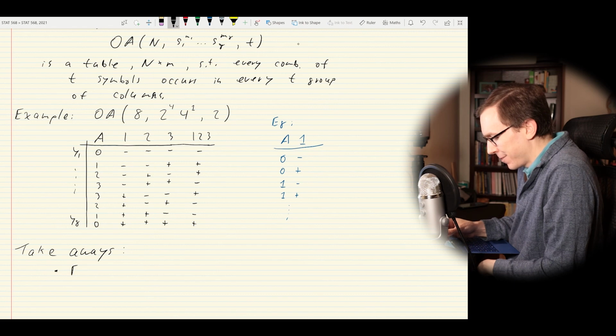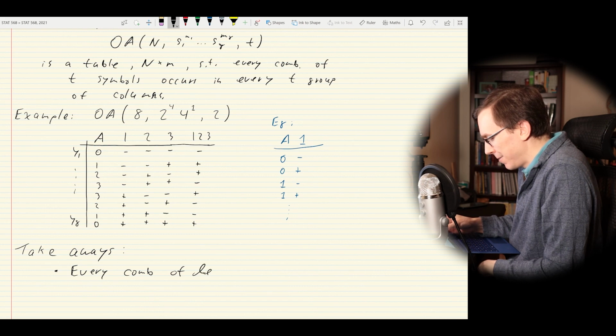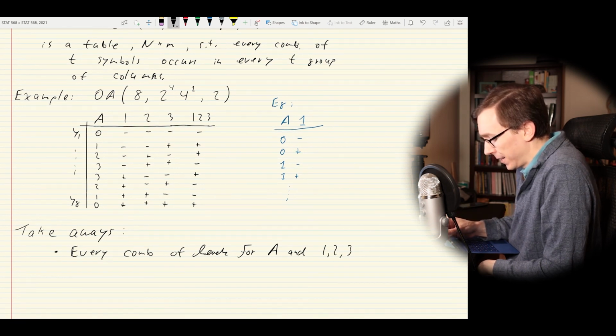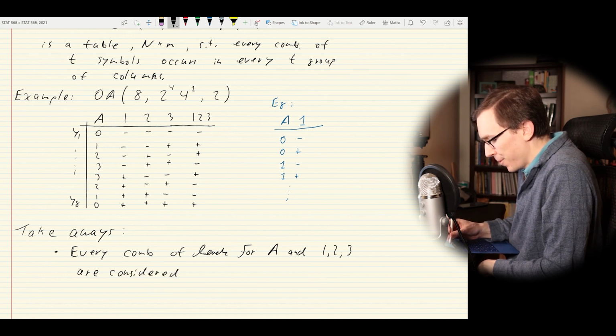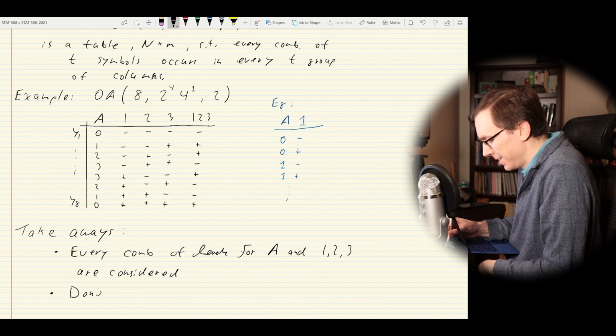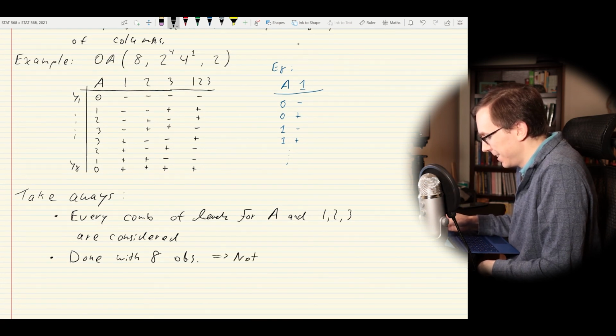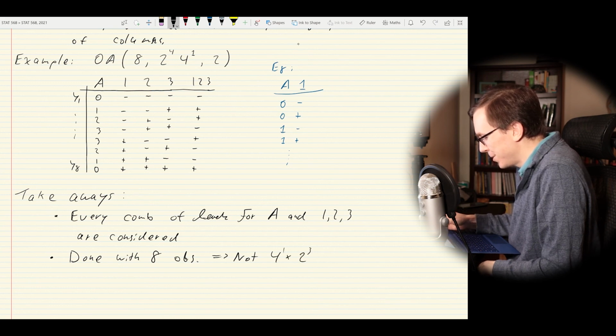One is that every combination of levels for A and 1, 2, 3 is considered. Furthermore, this is done with 8 observations, which is not 4 to the 1 times 2 to the 3, which would be 4 times 8, which is 32.